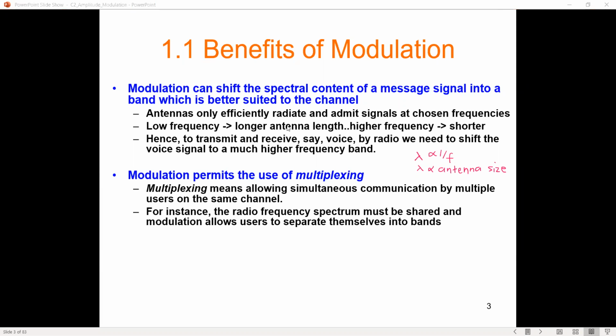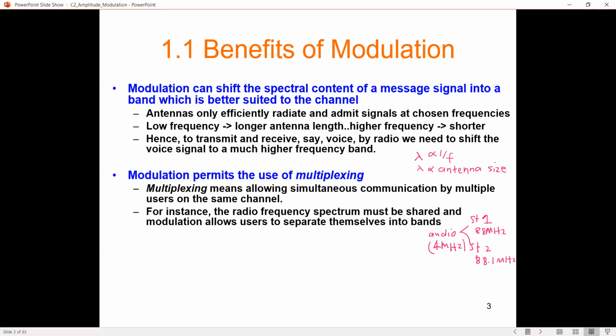For example, if you look at the FM radio broadcast, the FM radio station basically broadcasts audio signal, which can be up to 4 megahertz, for example. So regardless of which radio station, the bandwidth of our signal will be about the same.